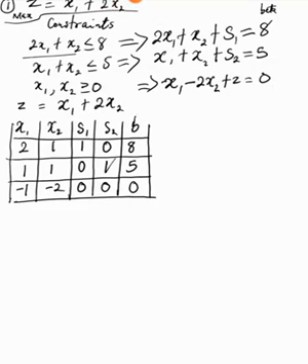And to better our Tableau, all we need to do is to identify the pivot value here. And to identify the pivot value, all we need to do is to locate the column of the pivot value.